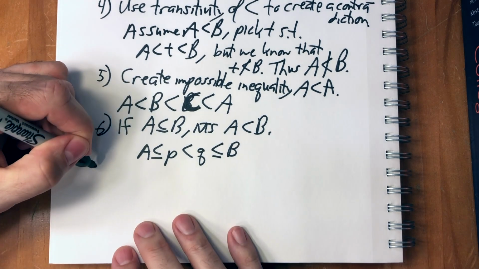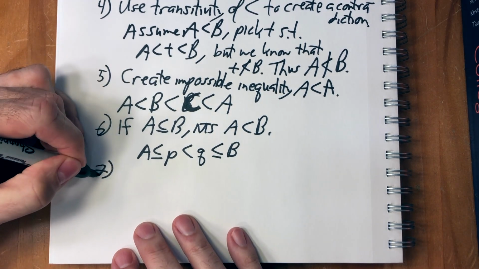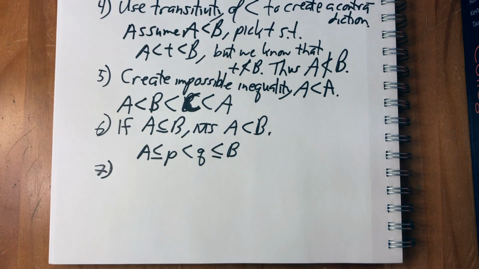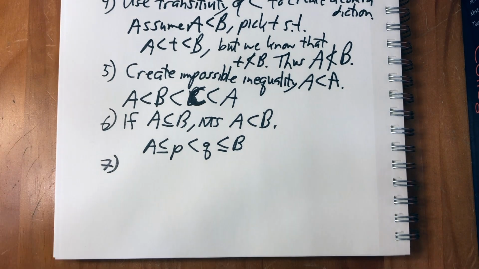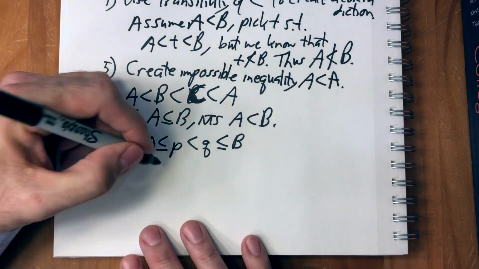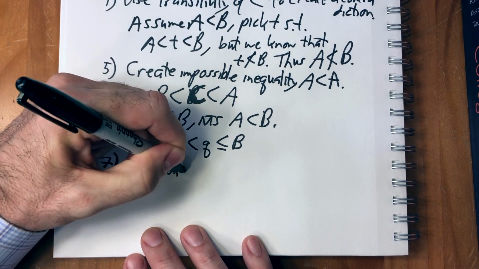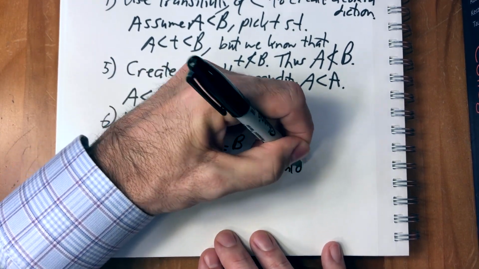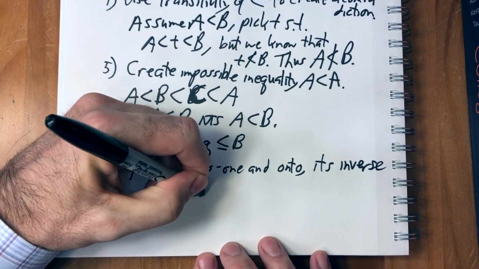Okay, now these last two are not techniques. They're actually just observations that we've never used before, but have always been sitting there for us if we needed them. So since phi is 1-to-1 and onto, its inverse is also an isomorphism.